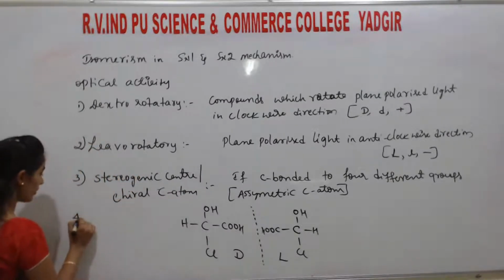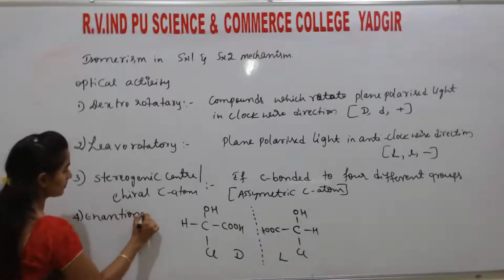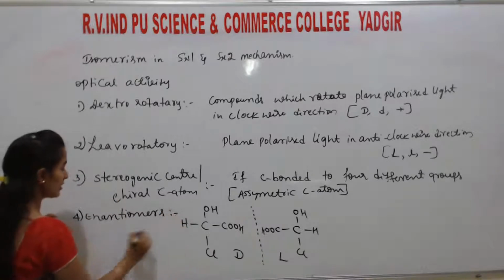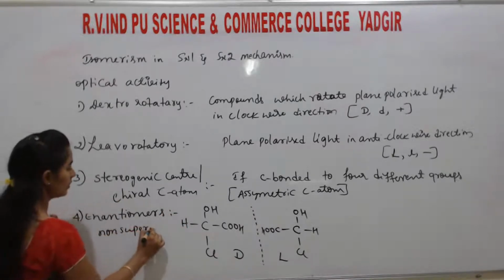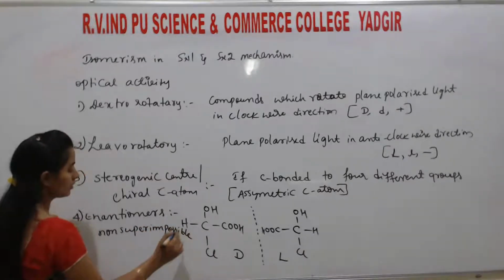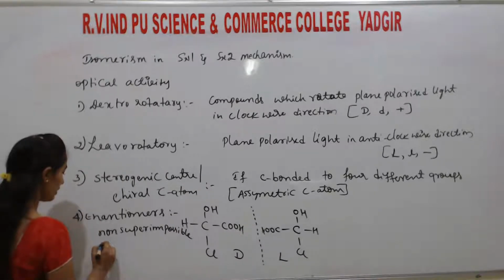The next very important thing is enantiomers. So what are enantiomers? Those are non-superimposable mirror images.